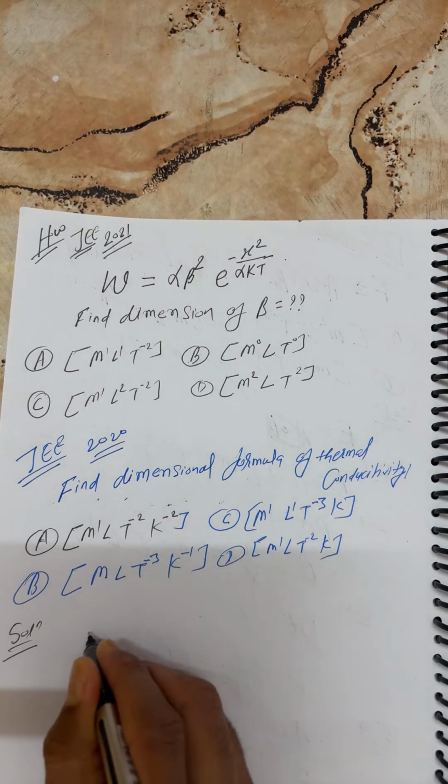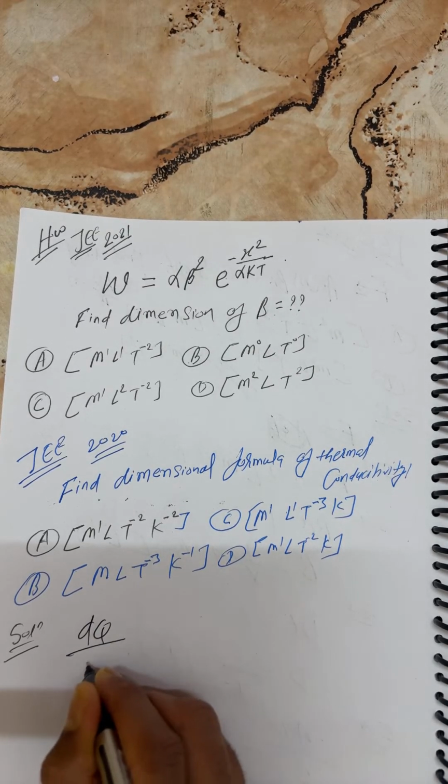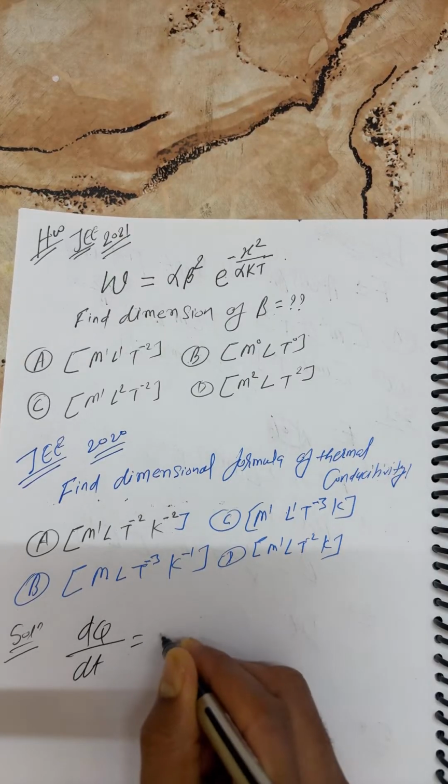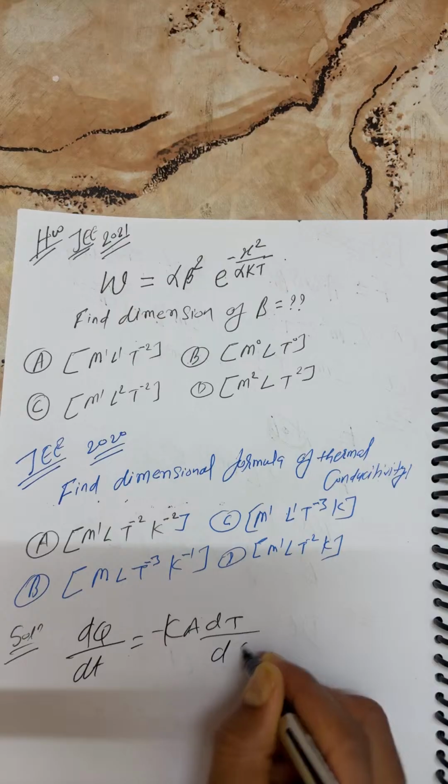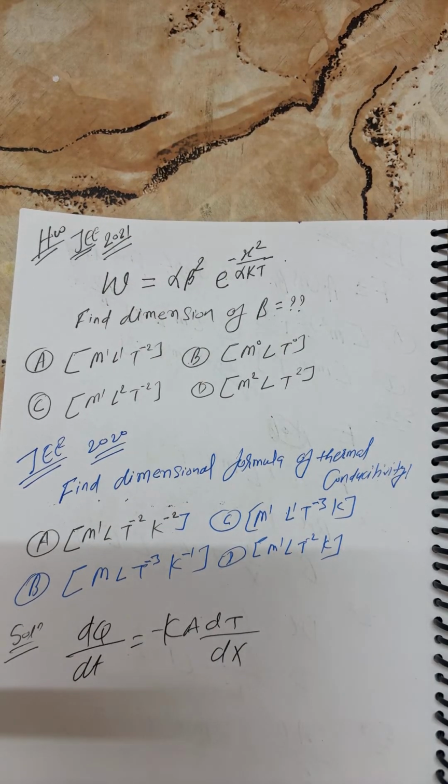I'll use the formula dQ by dt equals minus kA dT by dx. We wish to find k.